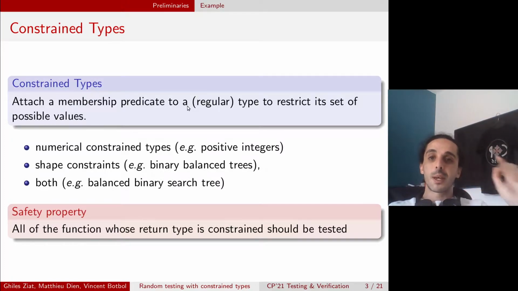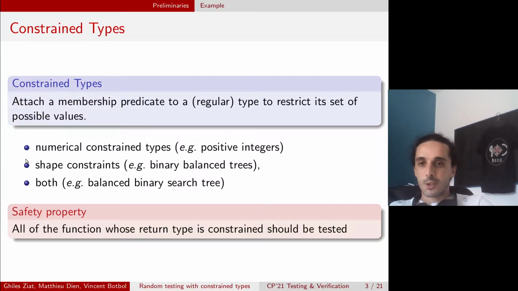Such types can be constrained by numerical constraints, for example positive integers, or shape constraints, for example balanced binary trees, where not all trees are balanced. And also both, so binary search trees that are balanced involve both numerical and shape constraints. The property we aim to verify, at least, is that all of the functions whose return type is constrained do not break the invariant.